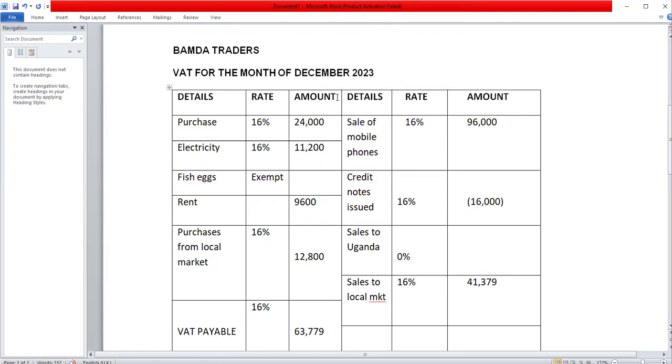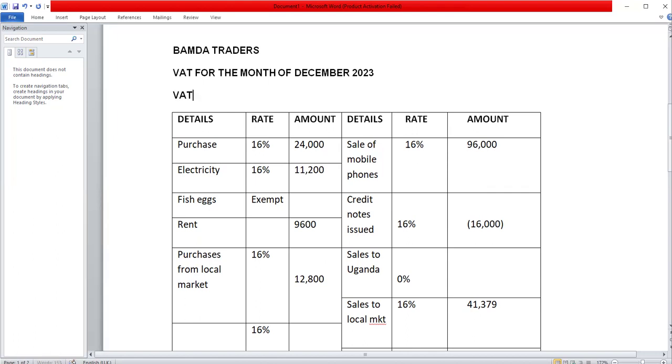Remember, this is debit and credit. The output is on the credit side. The input is on the debit side. And remember, VAT is equal to the output minus the input. Remember, this credit side is our output, and this debit side is our input.